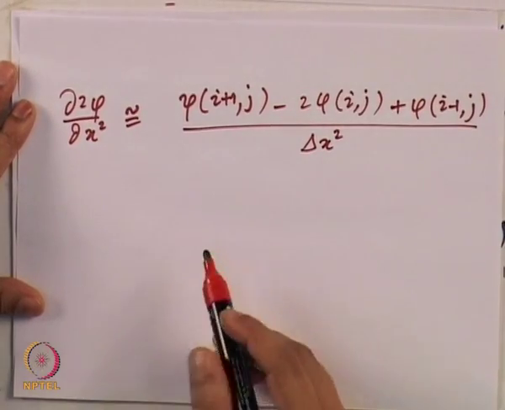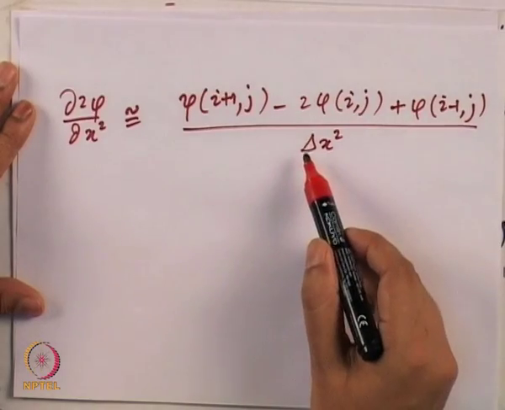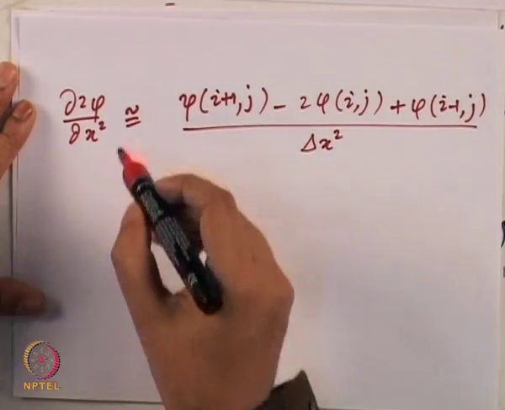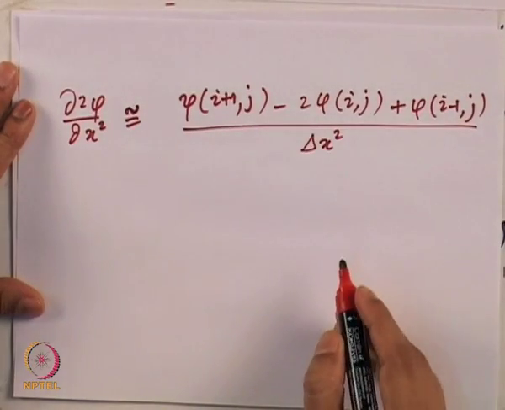So what we are doing here is the central differencing and we are getting the value in this form. Again this is only approximately equal to, you have certain truncation errors.